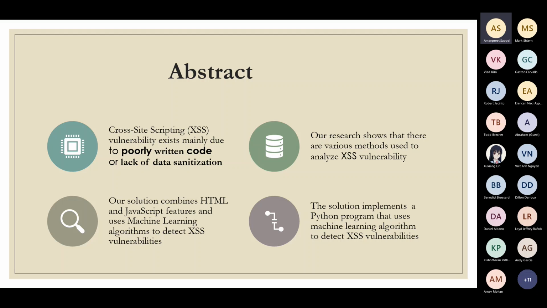Therefore, our project focuses on filling the research gap by combining URL-based HTML and JavaScript features along with DOM objects to improve the detection of XSS vulnerabilities. The solution has implemented a Python program that is capable of intercepting HTTP traffic, and the program is deployed on a server for analyzing the intercepted HTTP traffic.